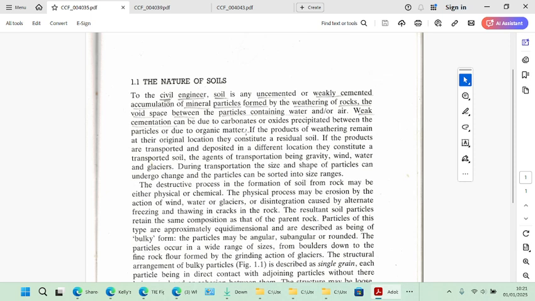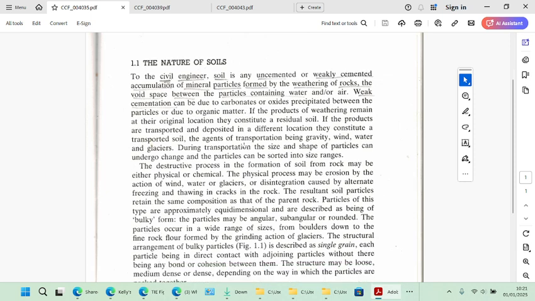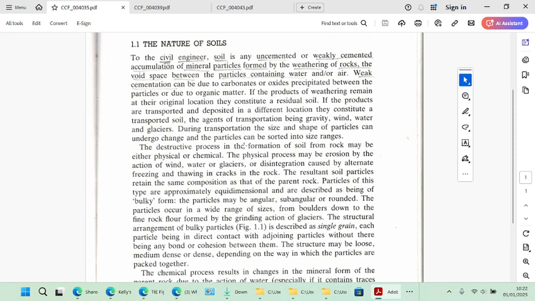If the products of weathering remain at their original location, they constitute residual soil. If the products are transported and deposited in a different location, they constitute a transported soil, the agents of transportation being gravity, wind, water, and glaciers. During transportation, the size and shape of particles can undergo change and the particles can be sorted into size ranges.